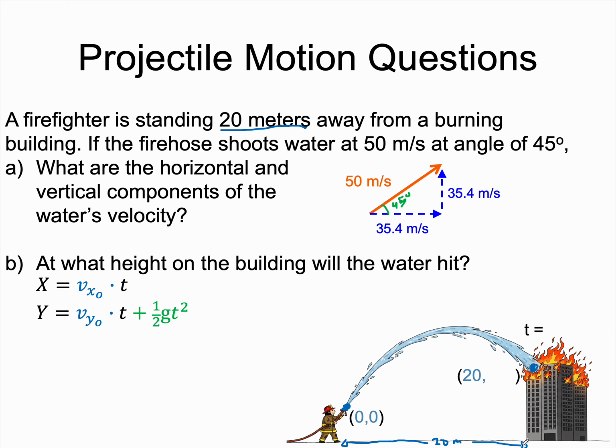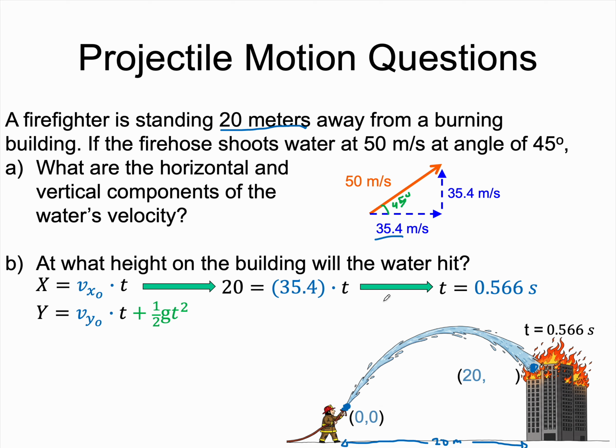We don't know what the y component is, but just based on the fact that x has to be 20 at that instant, we can calculate the time. So using the first equation, we can plug in x equals 20. The horizontal velocity component was 35.4 times time, and if we solve it, the time when the x position is 20 is 0.566 seconds.